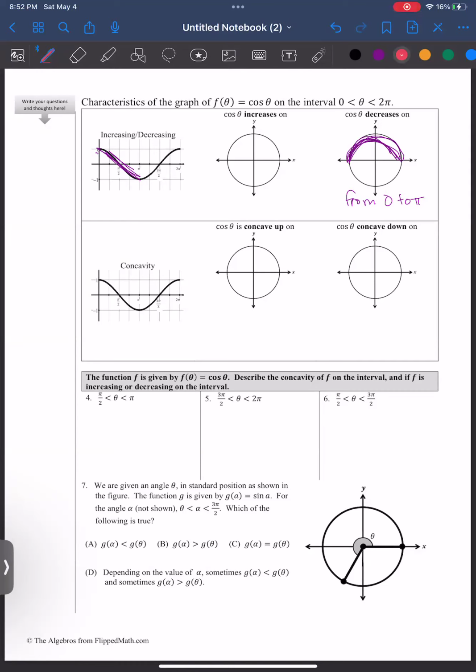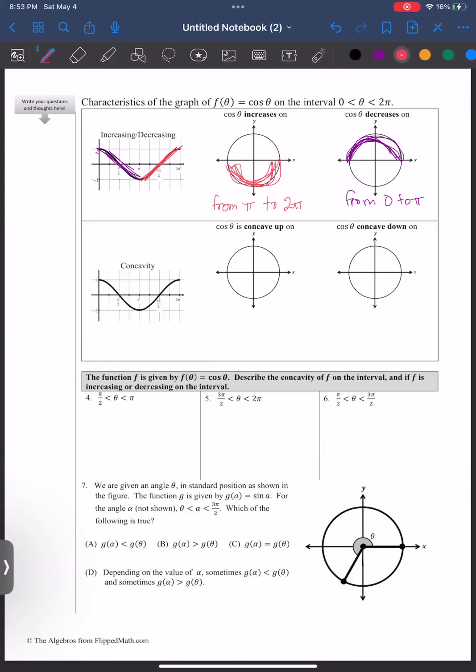And then from pi to 2 pi, I am increasing. Now notice that cosine's increasing and decreasing match sine's concavity rules. So the patterns for concavity and increasing, decreasing on the sine and cosine functions are actually flipped.